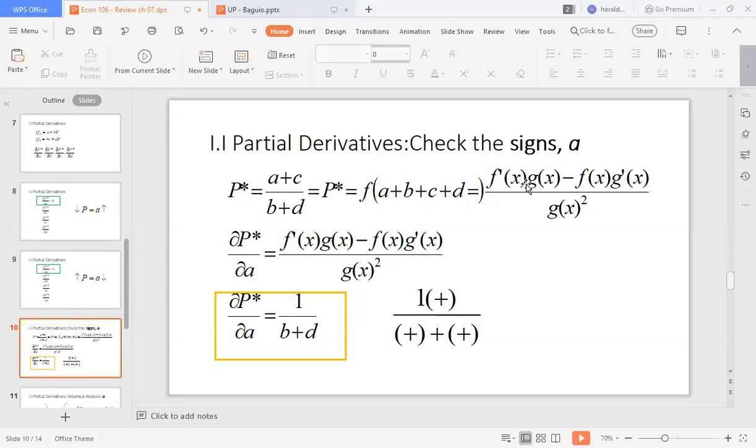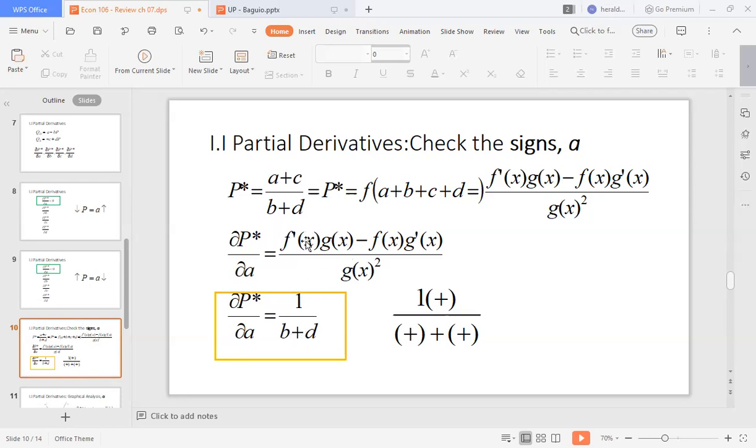Okay, so again, I just wrote the quotient rule on the side, just as a guide. But again, that is already inherent to you, so you might not write it down. So you know that when you proceed to this one, you get partial P, partial A here. You get again the first order partial derivative with respect to A, holding the other parameters B, C, and D constant. Thus, you get 1 over B plus D. Okay.